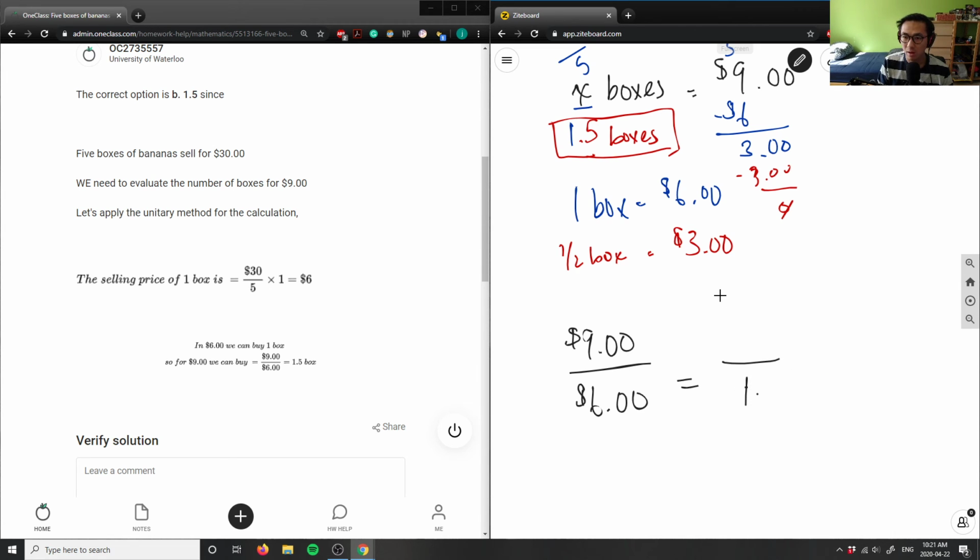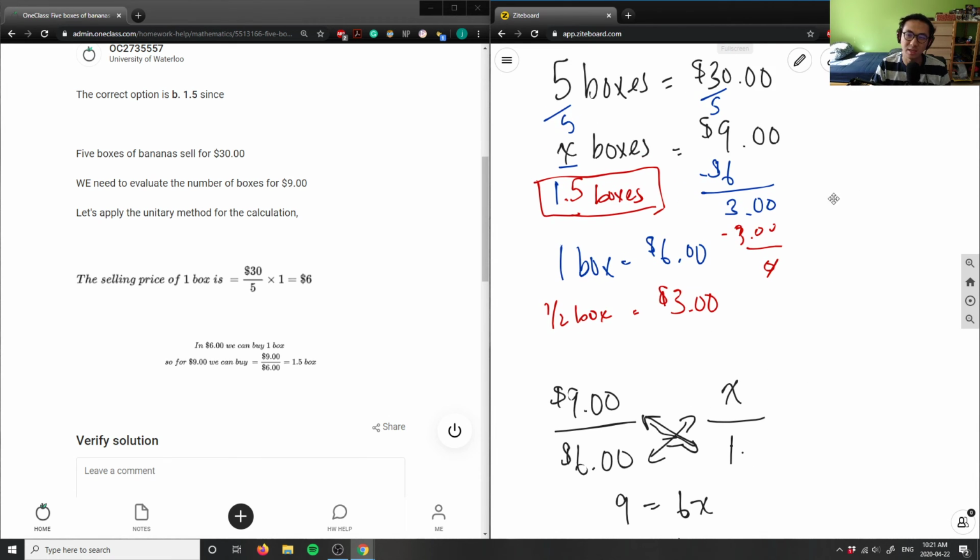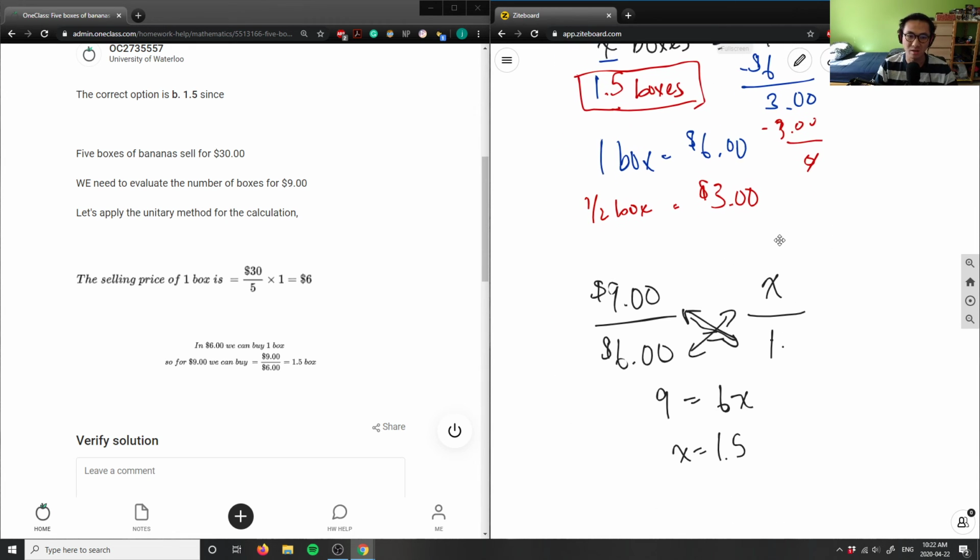You can cross multiply to get an algebraic equation: 9 times 1 equals 6x, so x equals 1.5. It's the same thing as what we did here, but in this case, because the question is simple enough, you can probably just solve it through inspection. So 1.5 boxes is the correct answer.